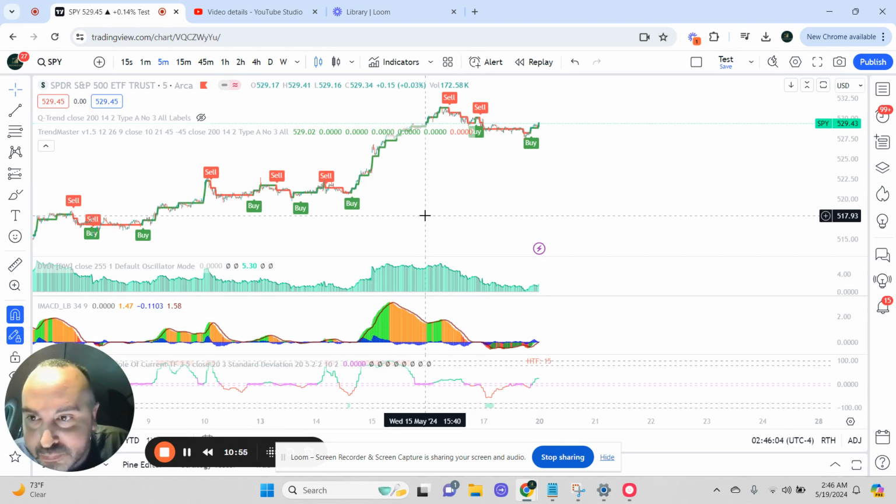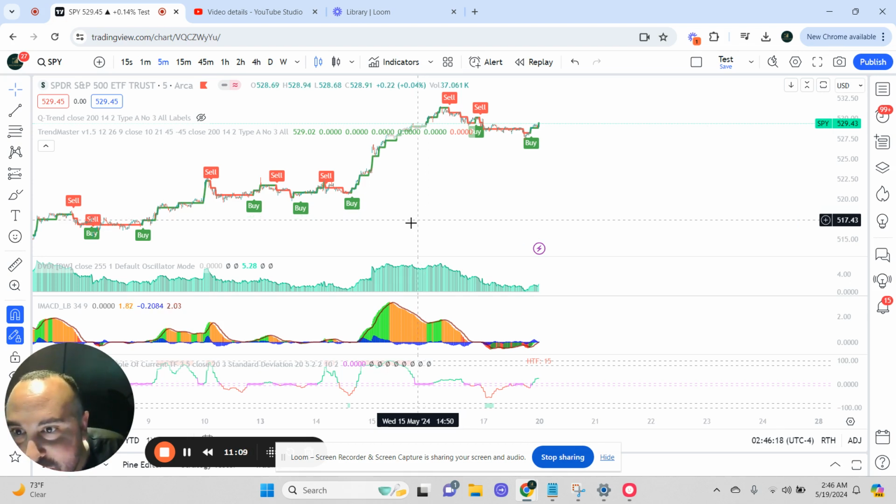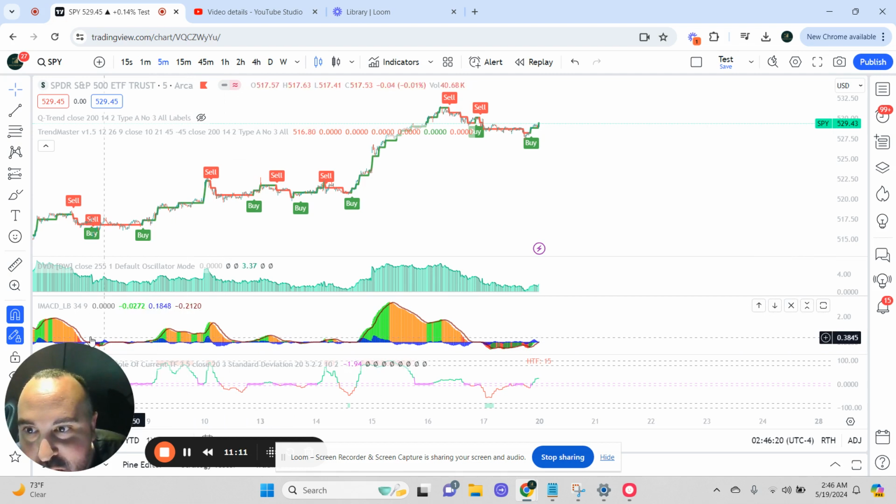So, anyways, I don't want to go too deep into these indicators. Again, I think they're very self-explanatory. Right now, my favorites are probably the Impulse MACD, which shows you when you're sideways, when you're flat on the axis.